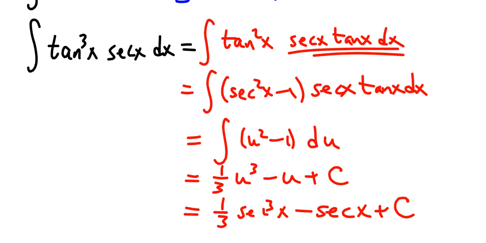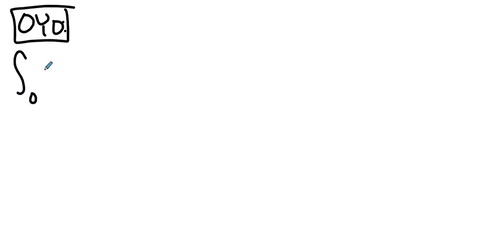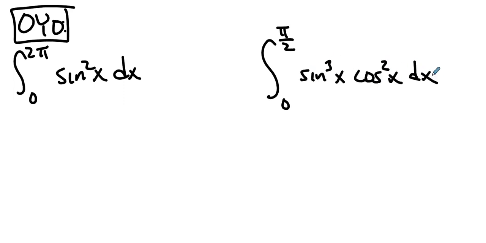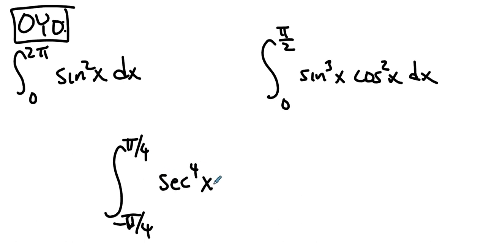So I have a few things for you to consider before we gather. You should try to find the integral from 0 to 2 pi of sine squared x dx, and the integral from 0 to pi over 2 of sine cubed cosine squared, and the integral from negative pi over 4 to pi over 4 of secant x to the fourth.